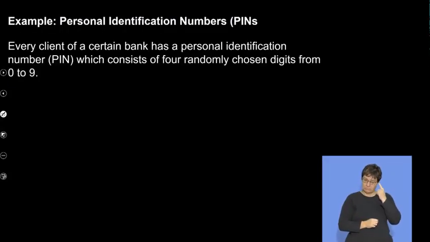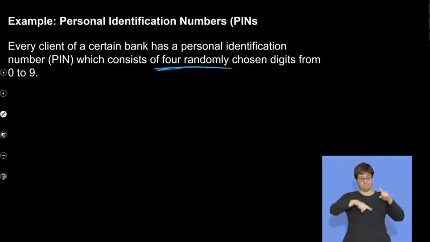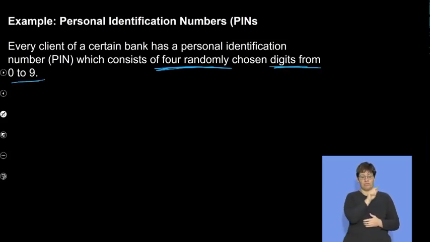Okay. Let's look at the third and the fourth, which actually contain some probability. So the third question, we're still dealing with a client from a certain bank. Remember, we're dealing with a PIN, which consists of 4 random digits. And where do we choose the 4 digits? From 0 to 9. In 0 to 9, we're talking about 10 digits.